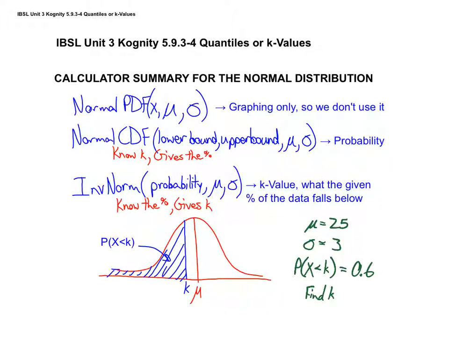So if I sketch my bell curve, and here's my mean at 25, the probability being 0.6 means that it's going to be here and below.